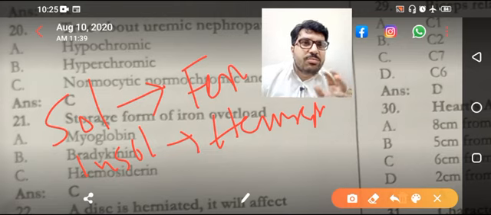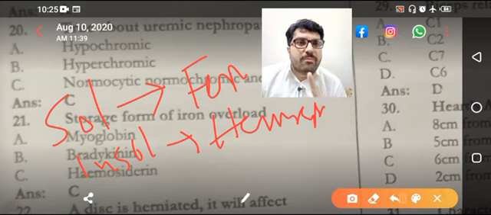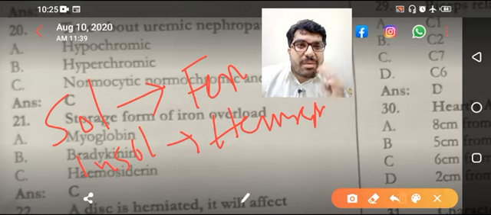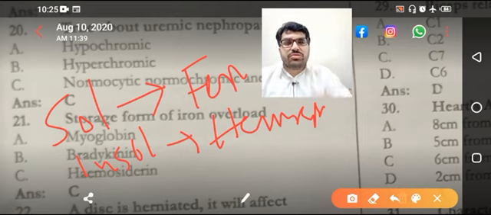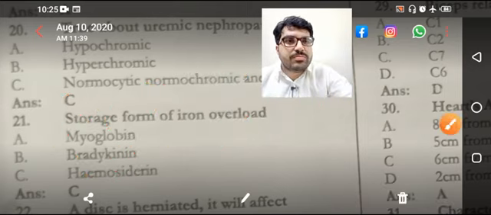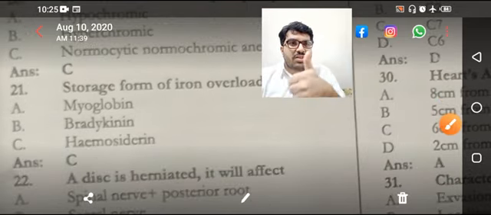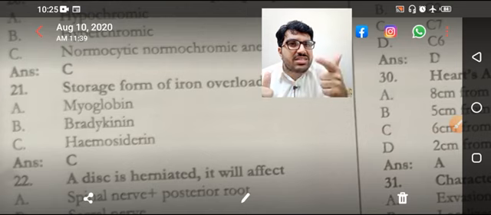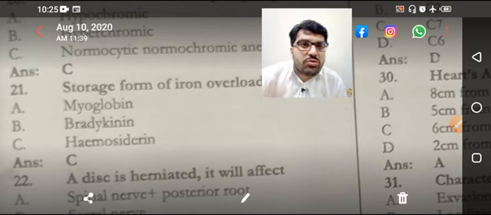If asked about pathological storage without damaging the organ, the answer is hemosiderin. If there is storage of iron that causes damage to the cell, the answer is hemochromatosis. Three things: physiological storage, ferritin; pathological storage but not damaging the cell, hemosiderin; pathological storage and destroying the cell, hemochromatosis.